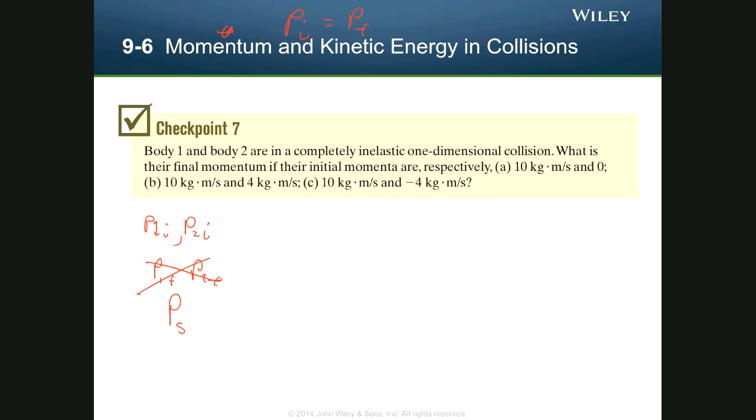So for instance, since we have the initial momentum, P initial of the system for A is going to be equal to 10 plus 0, or 10. And so therefore the final system momentum is 10.